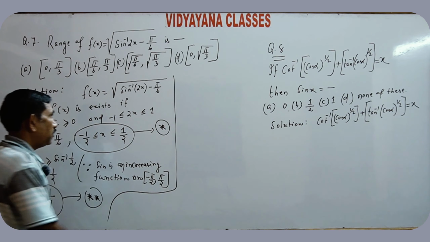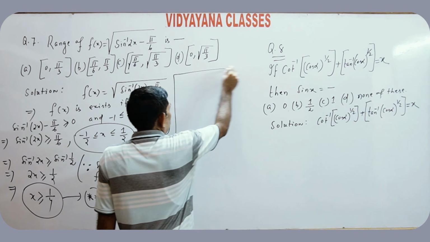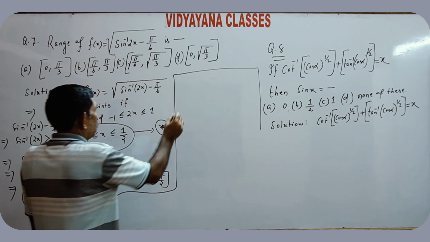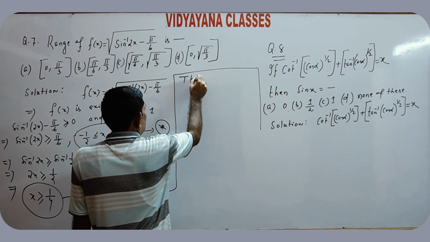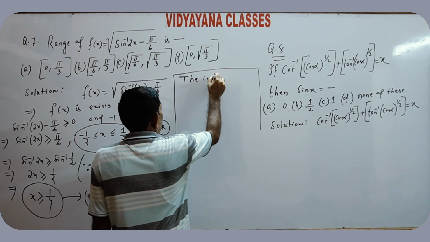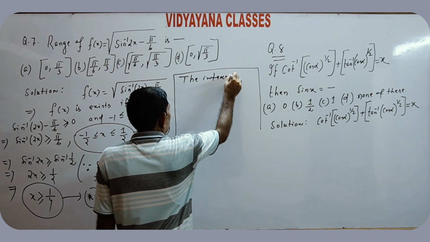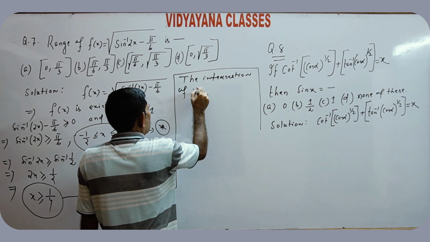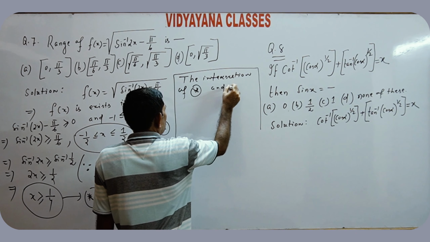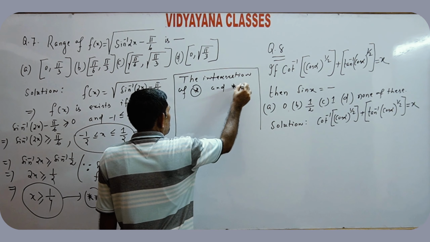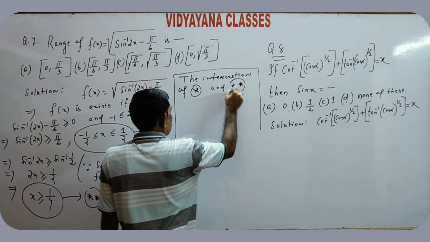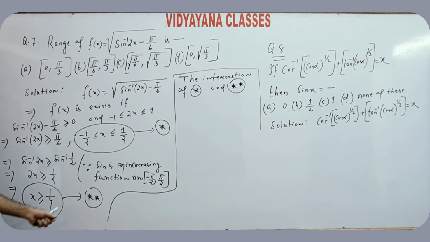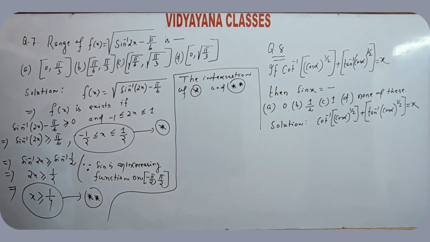Clear? The intersection of star and double star, that means the common solution of star and double star.